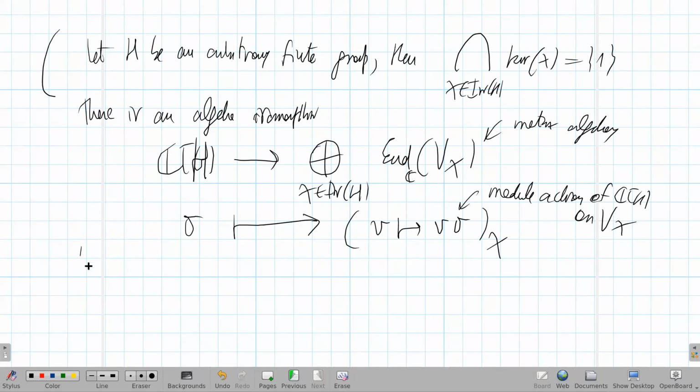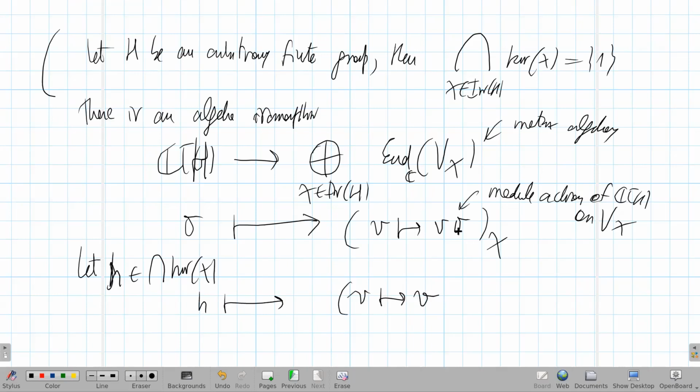Good. So let's say let H be in that intersection of kernels, over all irreducible characters. This means that V goes to V, because if it is in the kernel, it has to go to the identity. Being in the kernel means that on every module V chi it acts as the identity.